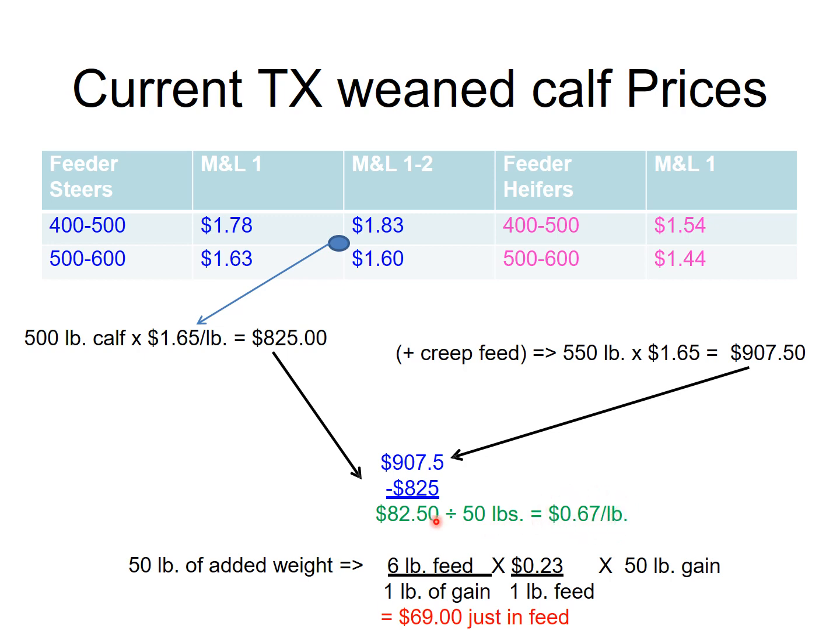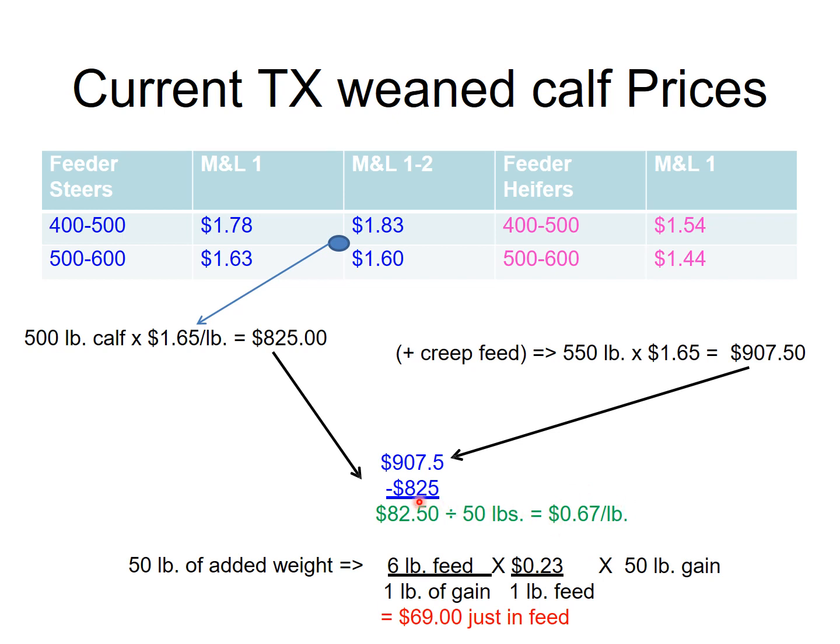All I did is I said, I got a calf here, weighed 500 pounds, did not get creep feed. What was he worth? $825. I got a 550-pound calf in the same trailer, off the same ranch. He got creep feed. He's bringing $1.65, so he's worth $907. That's an $82 difference. If we divide that $82 by the 50 pounds more this guy had, you can see that it's only 67 cents a pound.